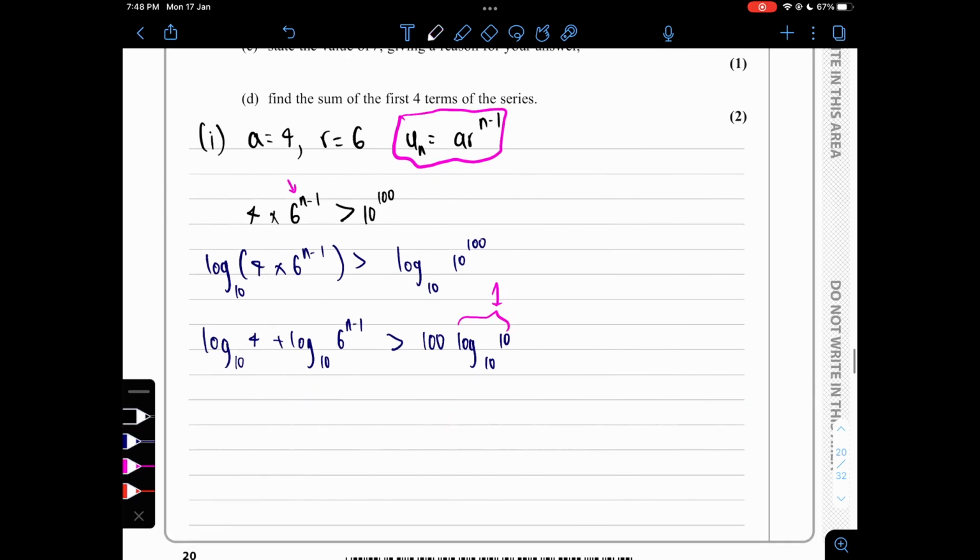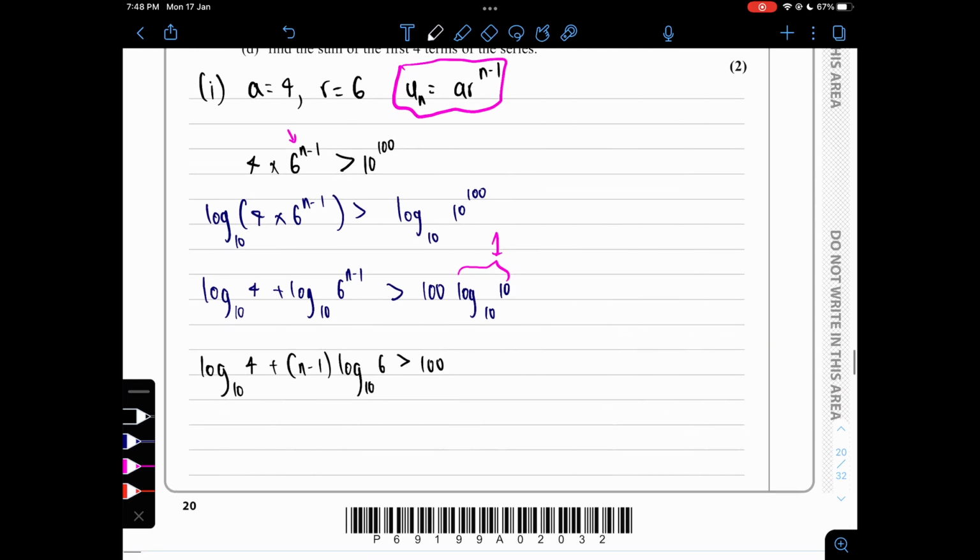So then it's log base 10 of 4, then we bring the power down, so plus n minus 1 times log base 10 of 6 is greater than 100. We just want what n is. So let's expand.